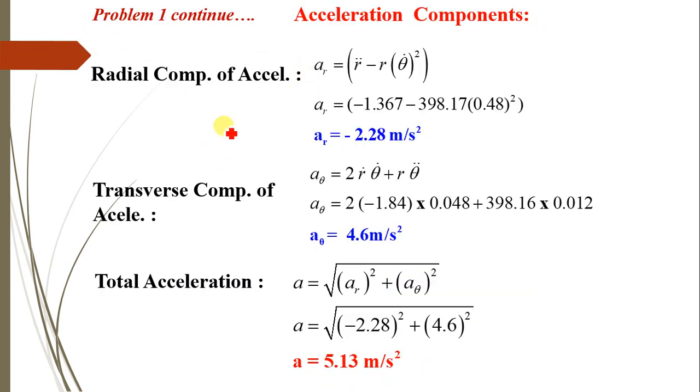Similarly, for the radial and transverse components of acceleration, this is the expression of Ar; substituting the values of r double dot, r θ dot, we get Ar as minus 2.28. Then the expression of Aθ, substituting the values in that, we get Aθ, and therefore the resultant acceleration A is 5.13 meters per second square.